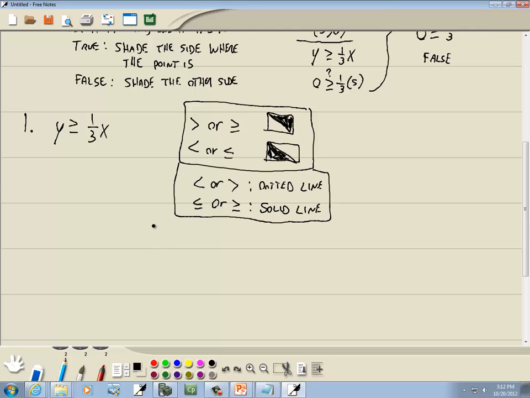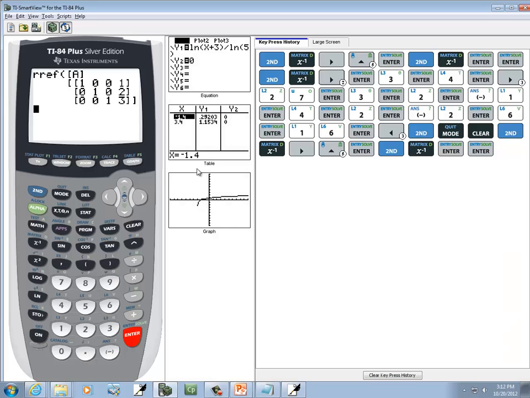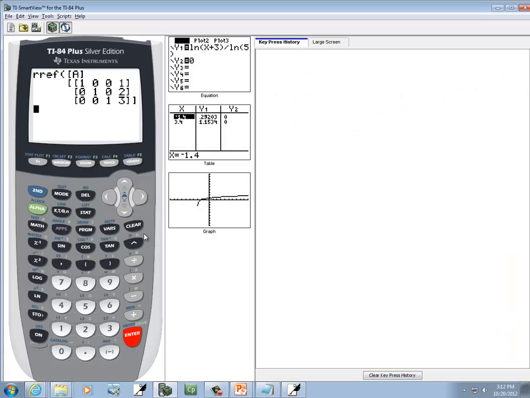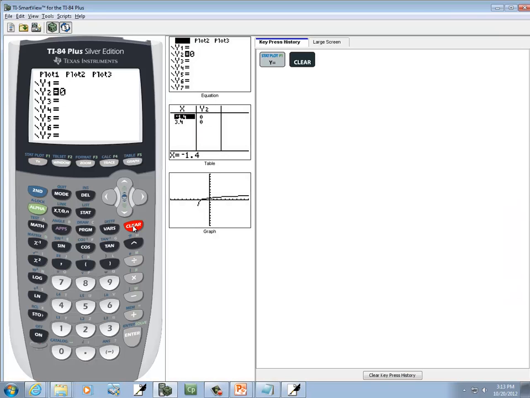Now specifically, to plug anything into your calculator, you have to have y by itself, which is fine. We have y by itself in this one. So let's go plug this into our calculator. I'll clear that out from before. I'll press y equals, and we'll do clear to clear out whatever's in the line.